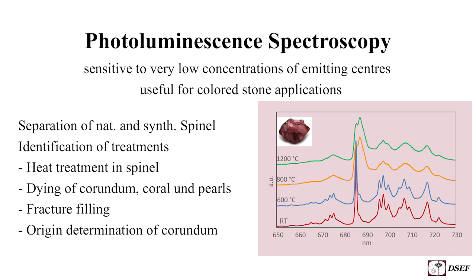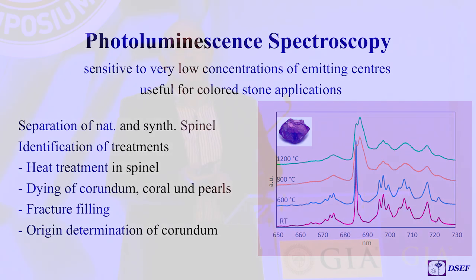Other applications were the detection of dyeing of corundum, and also the dyeing of corals and pearls, because organic pigments are also important luminescence centers. That's another application. Fracture filling, and also the origin determination of corundum, at least as an indication, because the chromium luminescence in corundum is quenched by iron.